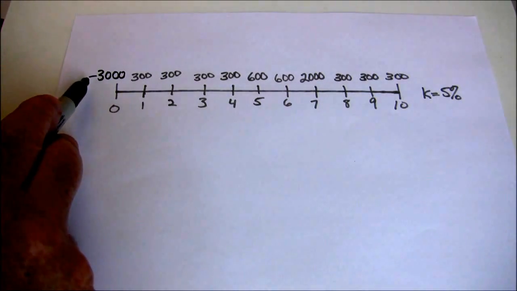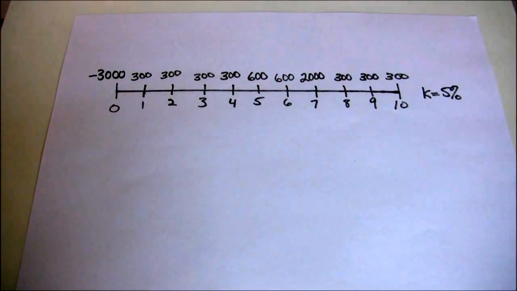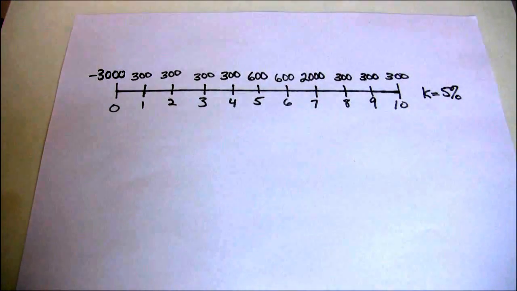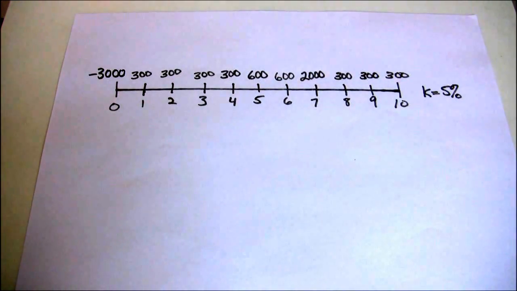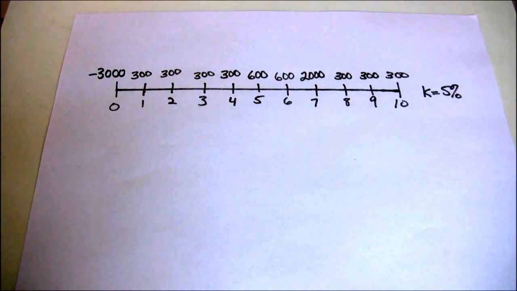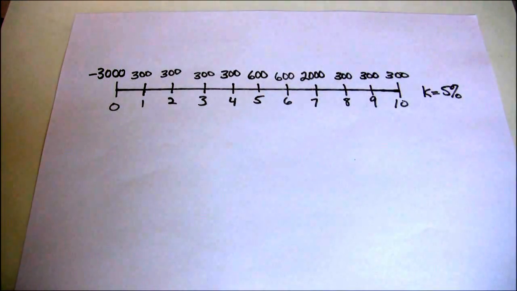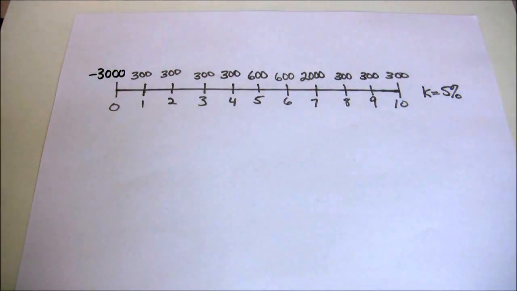Now note, that's got to be negative. If you don't enter that as negative, you're going to get an error message, no solution, because the calculator can't figure out an interest rate that allows you to get 3,000 today and get those cash flows. You have to give the 3,000 up in order to get that cash flow sequence. So now we want to look at what are the keystrokes that we have to enter into our financial calculator in order to solve for that rate of return.